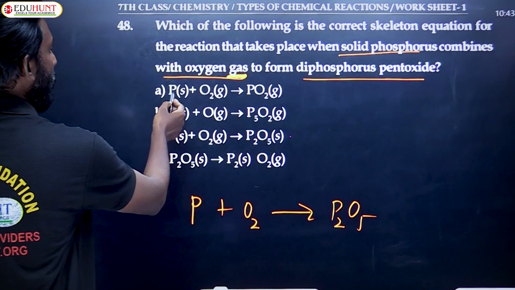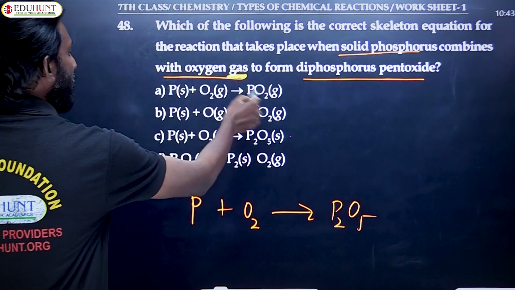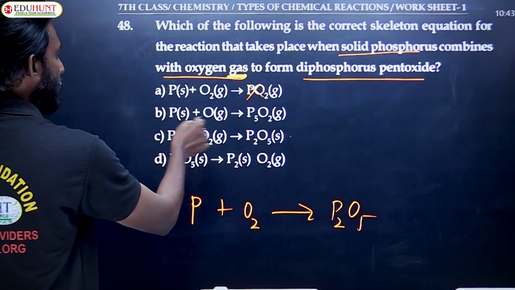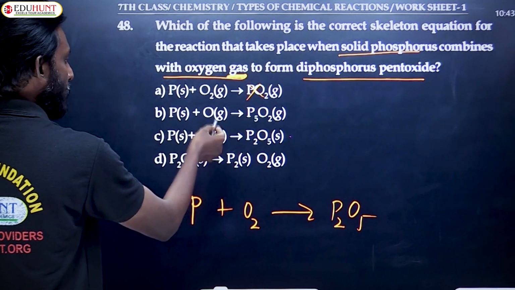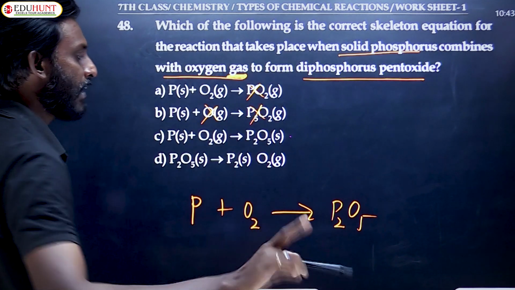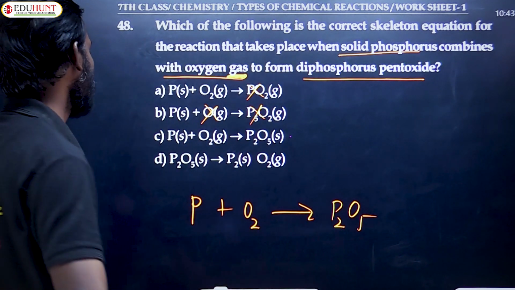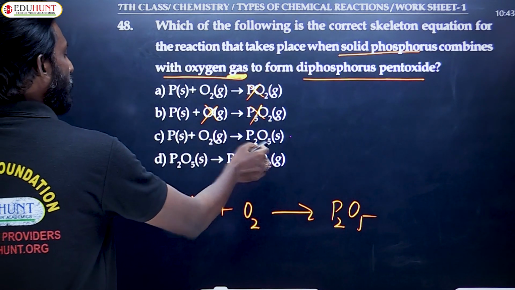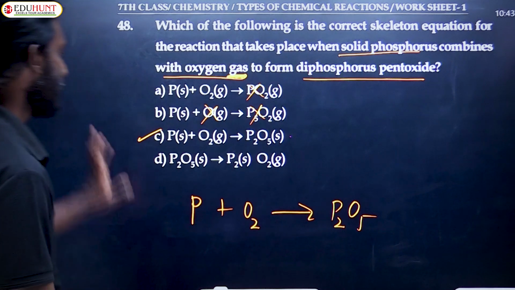In the wrong options, O atom is given, O2 is not given, that's why it is wrong, and P5O2 is wrong. Diphosphorus pentoxide means P2O5. Solid phosphorus, oxygen, O2 gas, P2O5. So that is the best option.